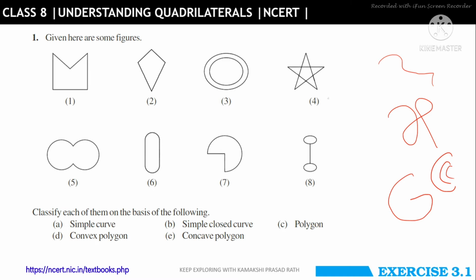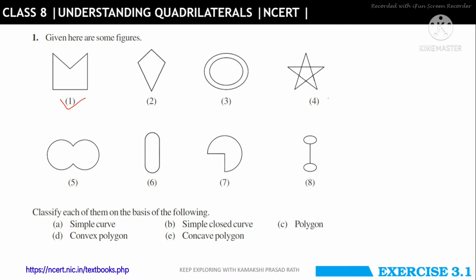Okay, so let's see here. Which of them follows these conditions? A simple curve. So you can see here, when we say simple curve, figure 1, figure 2, 3 cannot be. As we can see here, we cannot draw two concentric circles without lifting the pen. This figure cannot be drawn. And this fourth figure, the lines are crossing itself.